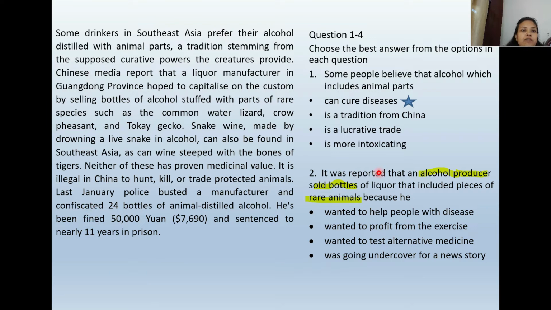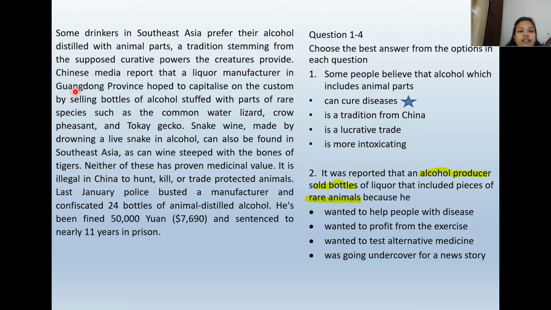Okay, Chinese media report that a liquor manufacturer in Guangdong province hoped to capitalize on the custom by selling bottles of alcohol stuffed with parts of rare species such as common water lizard, crow pheasants, and Tokyo kako.